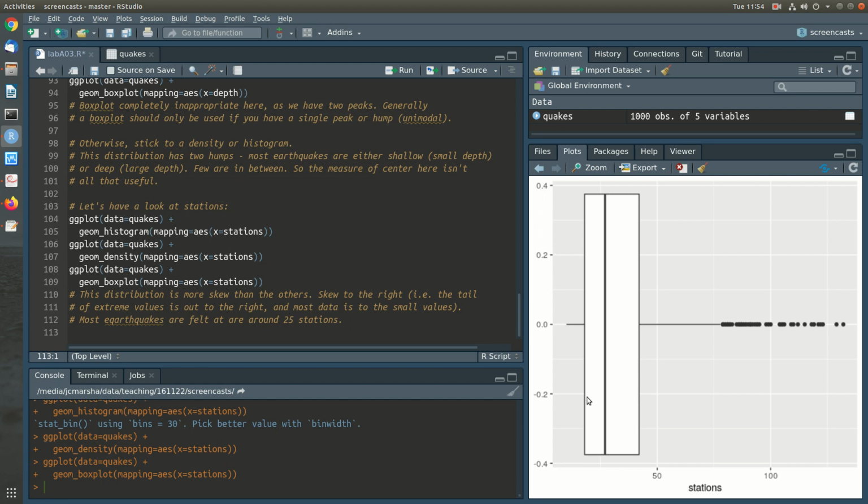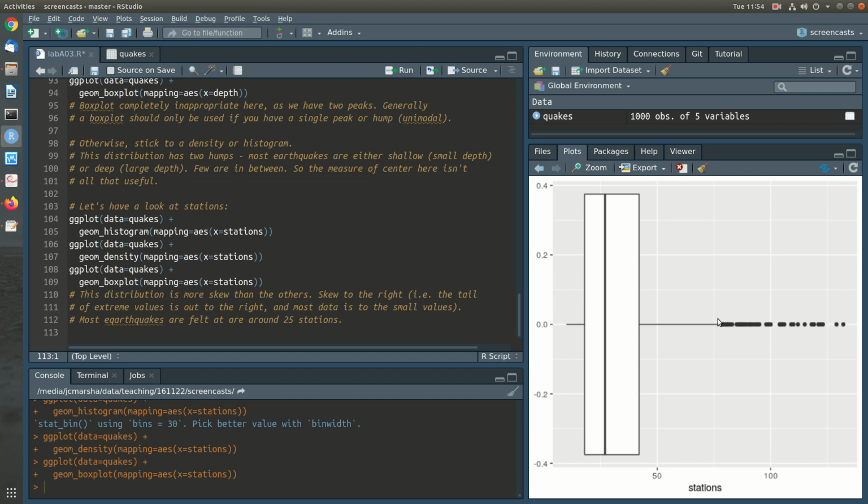In this case, I think by default it takes the box length times 1.5 and measures 1.5 box lengths out, and it puts a threshold there. Any observation, any earthquake, that's felt at more stations than about 80 odd is reasonably extreme compared to the middle of the data, so it shows them as dots. So that's what those dots are.